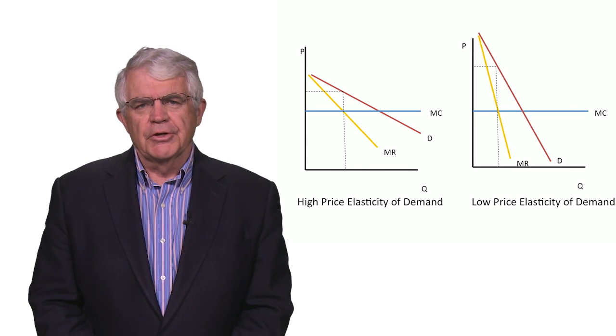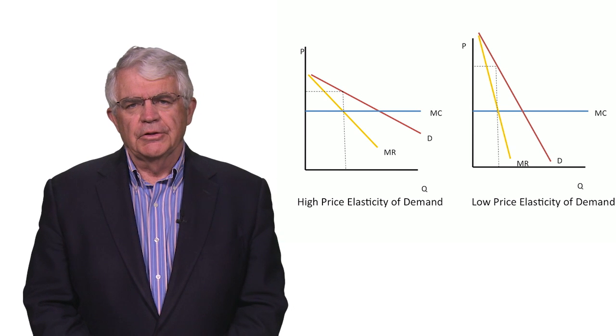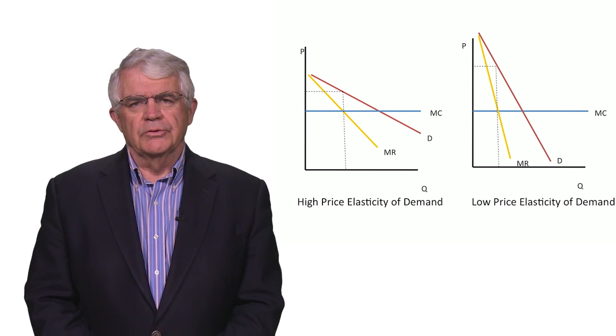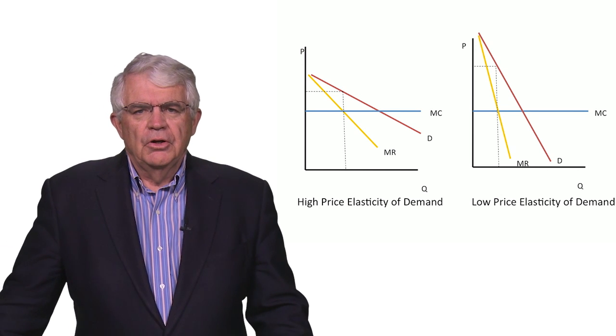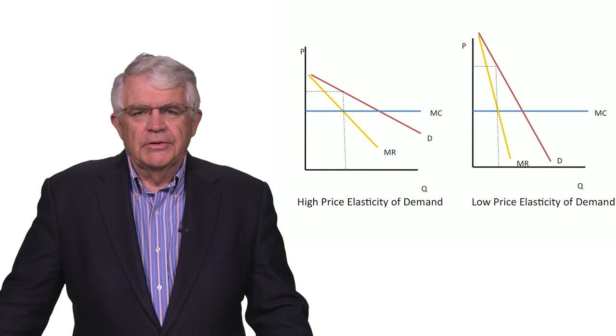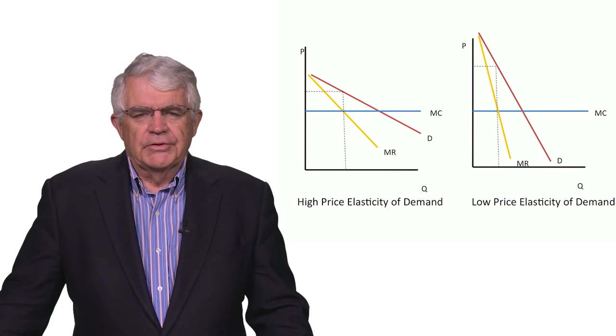We've also drawn in the marginal cost curve, and to make this simple, we've just made the marginal cost curve flat. It makes it easy to see the diagram and compare. Over on the right, we also have a demand curve and a marginal revenue curve and a flat marginal cost curve. The big difference between the two is that over on the right side, there's a very low price elasticity of demand. And on the left, there's a high price elasticity of demand.